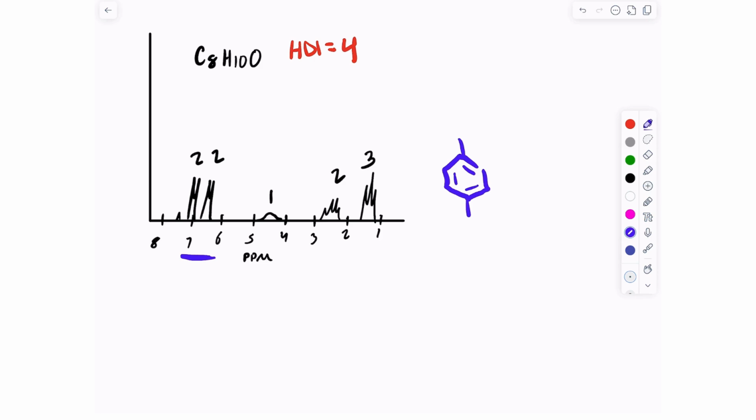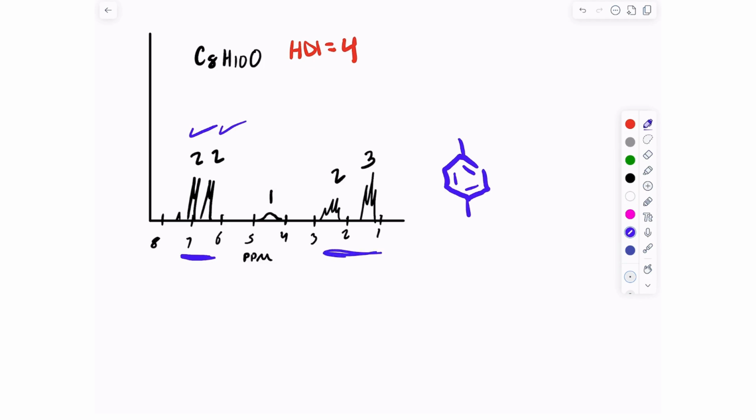So already I noticed that we have a 1,4 aromatic ring, but we don't know what's here yet. So let's not assume this is a methyl. This is not a methyl. It's just showing that there's some kind of bond going on there. Okay, so next thing that we're going to notice is we have an ethyl.